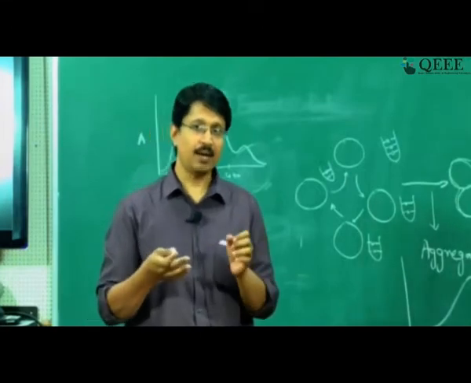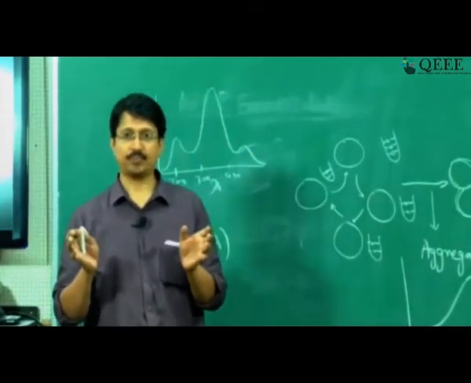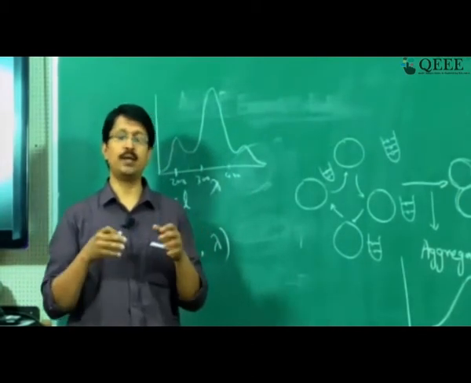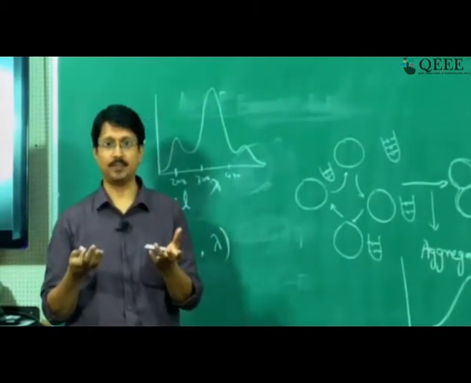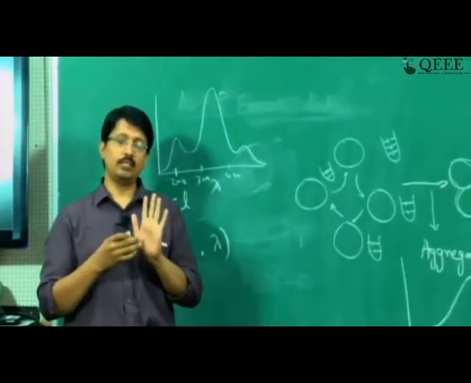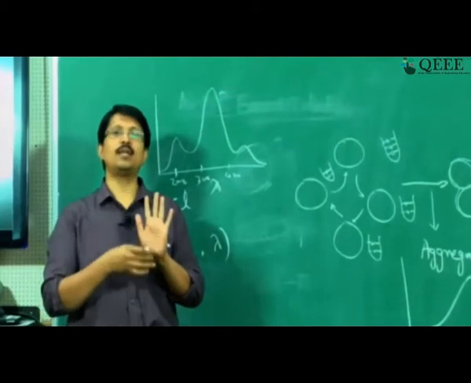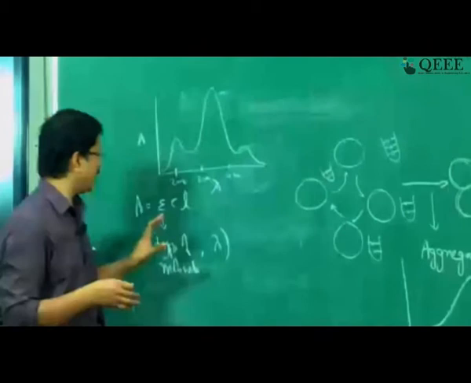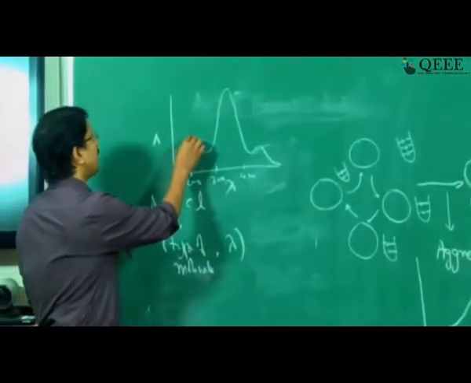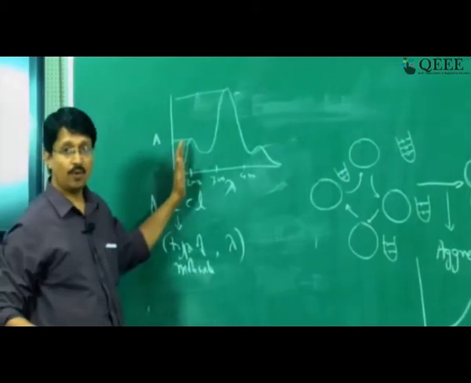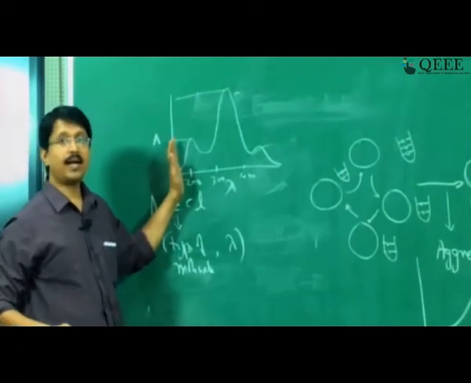There is a technical term called oscillator strength. You can actually calculate it by calculating the transition dipole moment using some quantum mechanical equations, which will tell you the strength of that absorption. That strength will tell you how much absorbance you are getting. Sometimes you will have high, sometimes low, depending upon the dipole orientation.